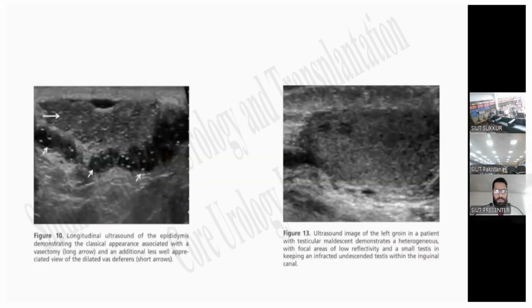The first image shows the typical findings after a vasectomy has been done. The second image shows an undescended testes within the left groin, of heterogeneous texture and smaller volume.